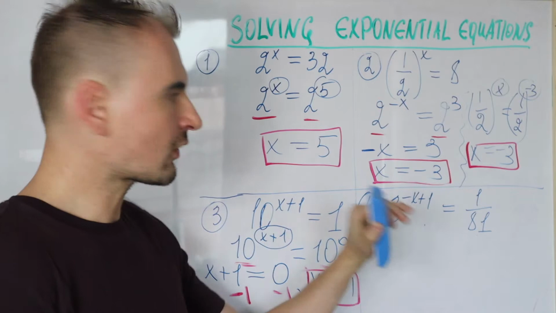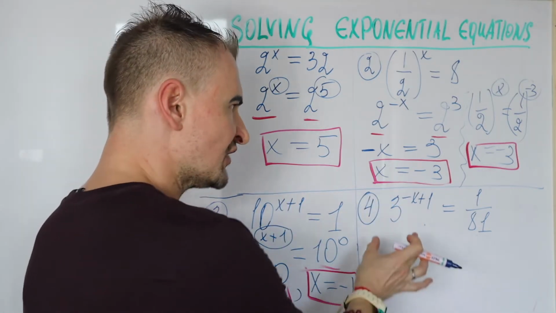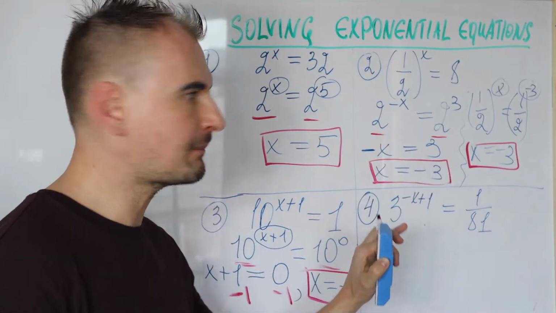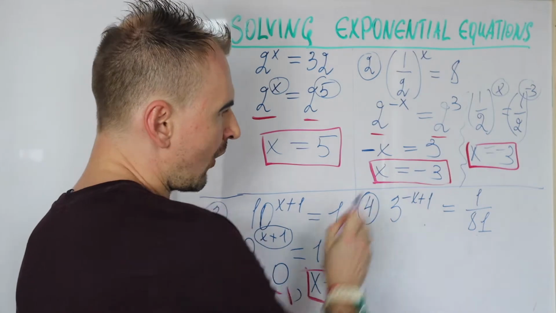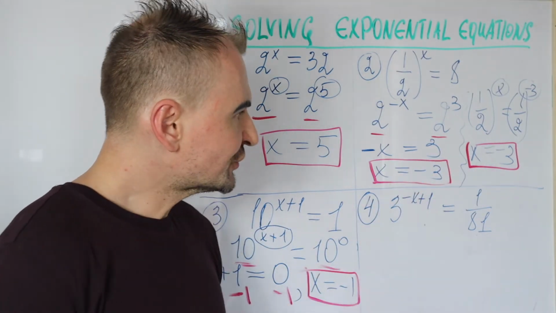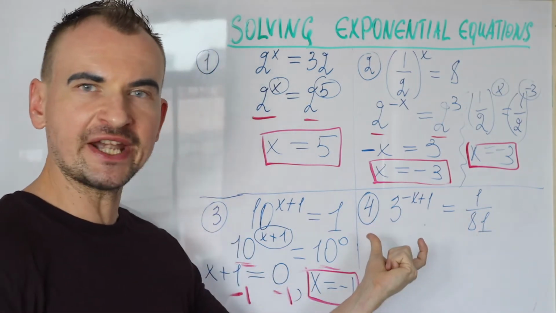Rolling on, moving on. How about this one? So you have 3 on the left side raised to this power that your variable is located in. Check to see if anything in this fraction is a power of 3.